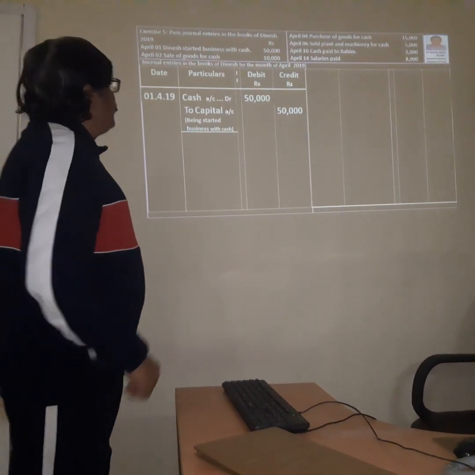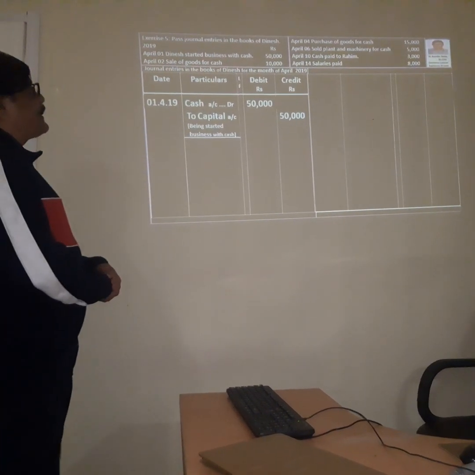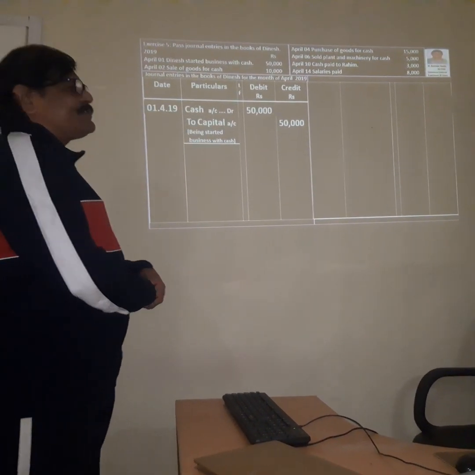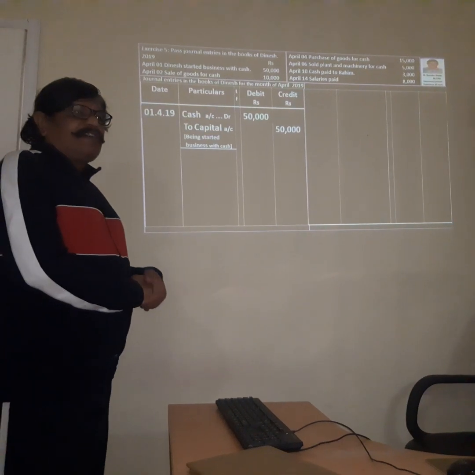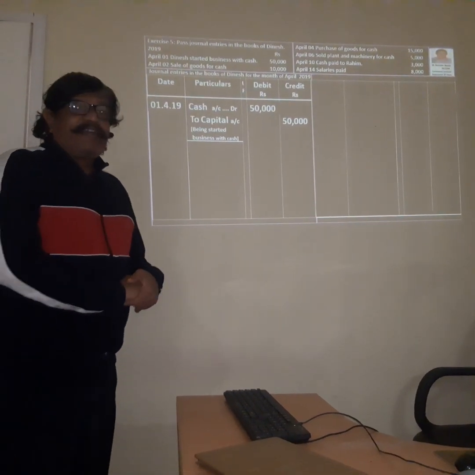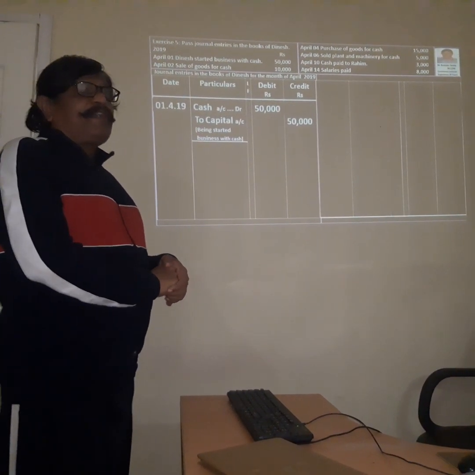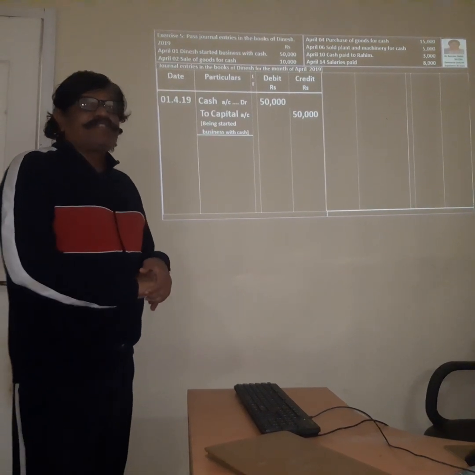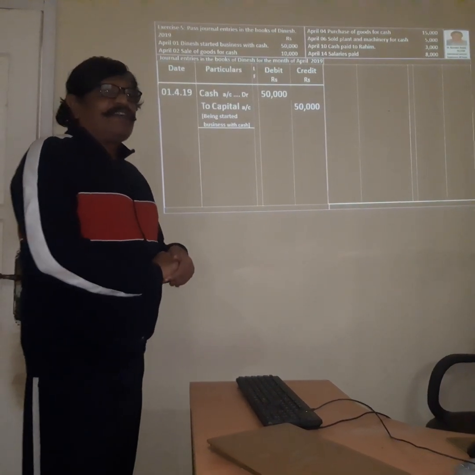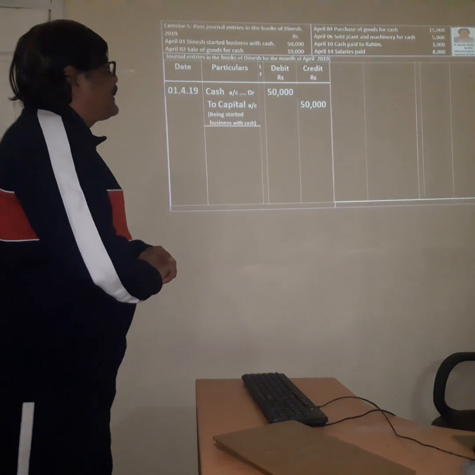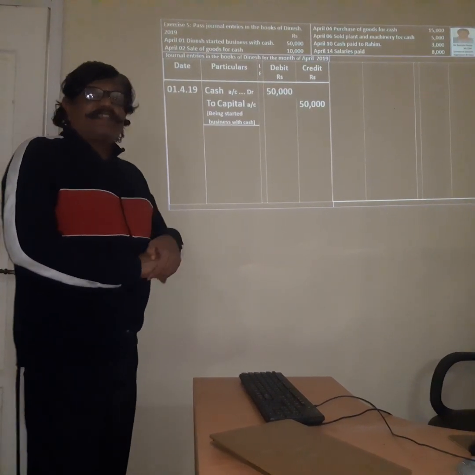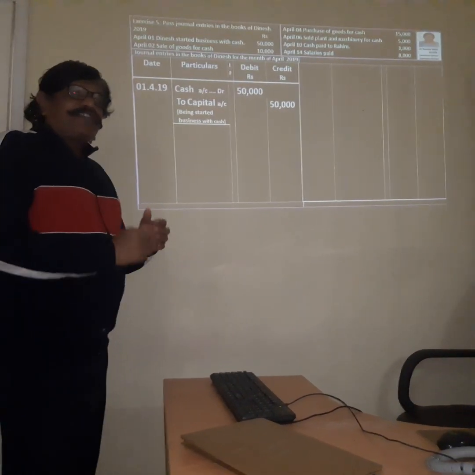Draw a line. The next entry, April 2nd, sale of goods for cash. We are selling goods for cash. That means sale is an income. It comes under the nominal account: debit all expenses and losses, credit all incomes and gains. Sale is an income, so we have to credit. What we are receiving when we are selling for cash, debit what comes in as per the real account. So cash is coming into the business.